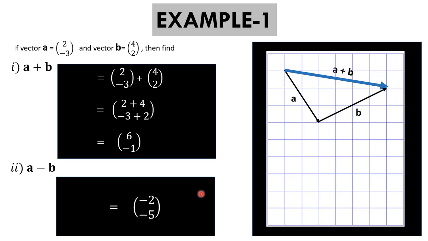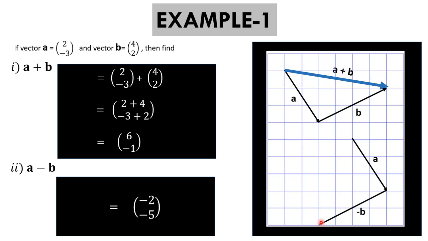Now let's do it for this one. The first vector A is like this. How many units? 1 2, 2 units in the x direction, 1 2 3, minus 3 units in the y direction. And if we consider the B vector, now it is going to be the negative of B. So the negative of this B is going to be minus 4, minus 2. Just look here. The B vector is 1 2 3 4, negative 4, and negative 2 in the y direction.